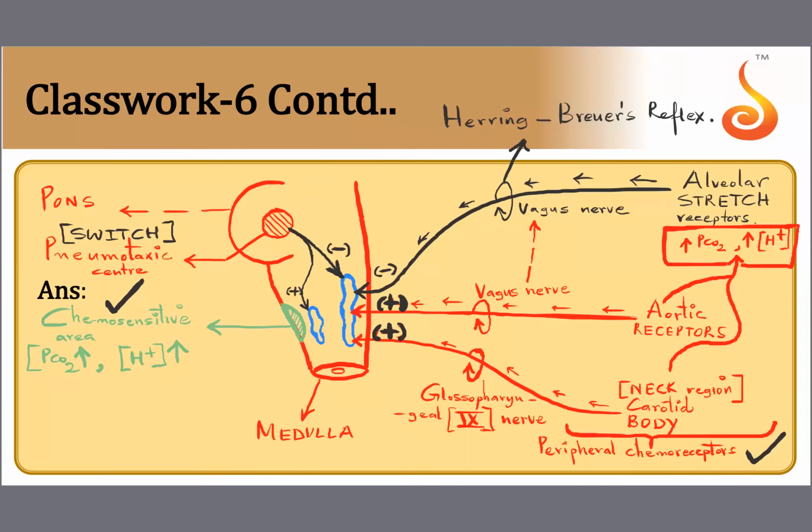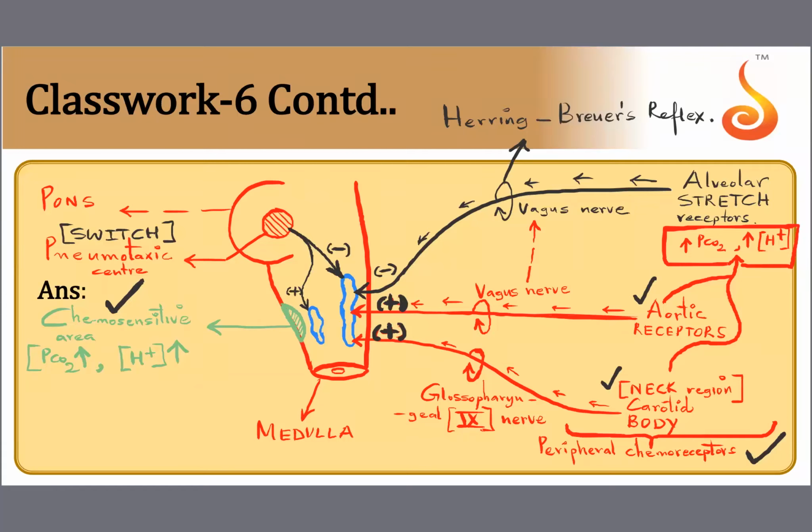And those peripheral chemoreceptors, one of them is located in your aortic wall and one of them is located in your carotid artery, which runs in your neck region. Both of them are constantly monitoring levels of carbon dioxide and H plus in the blood. The moment they detect very high levels of carbon dioxide and H plus in your blood, they start sending alarm signals to your DRG. They send positive signals.